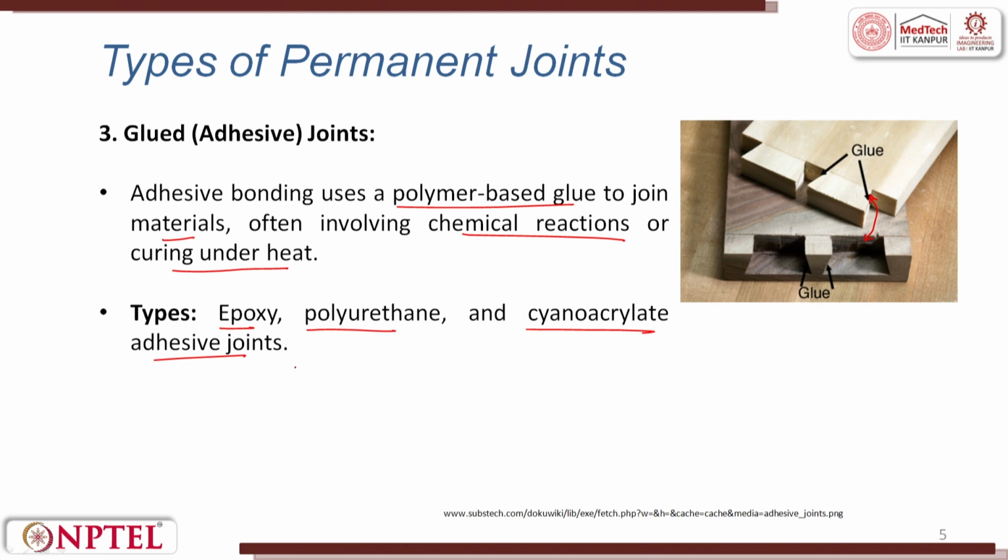Applications for glued joints are generally lightweight structures, used in aerospace, automotive, and when we are talking about lightweight structures, we should also put here the electronic components.